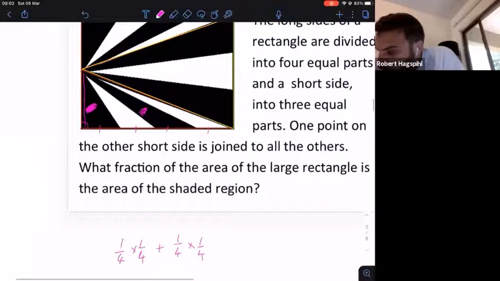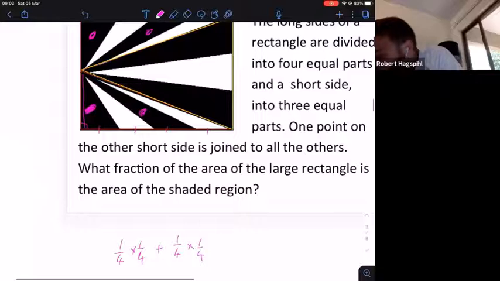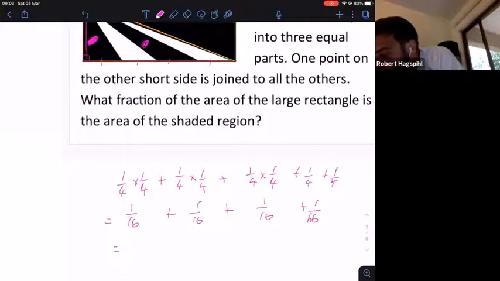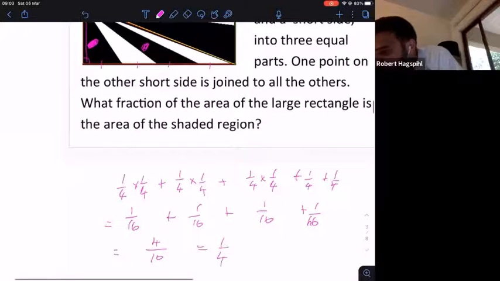All right. And I'm adding all of them. This guy and this guy are also a quarter of a quarter and a quarter of a quarter. Now, all of these are going to be equal to 1/16. And if I add them together, I'm going to get 4/16, which is equal to a quarter.